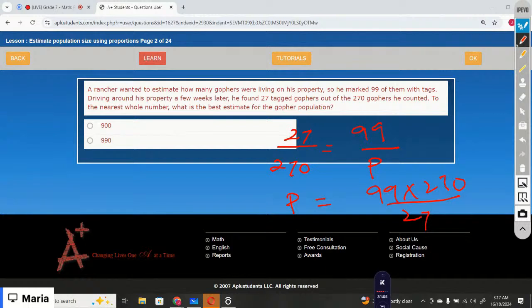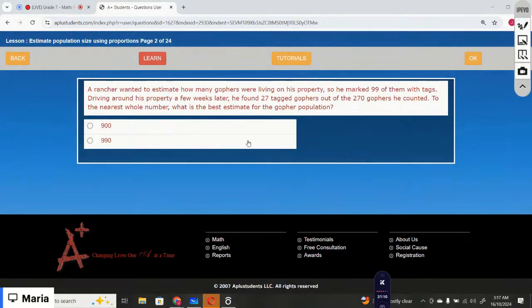The correct option is 990. Option number 2 is the correct option.